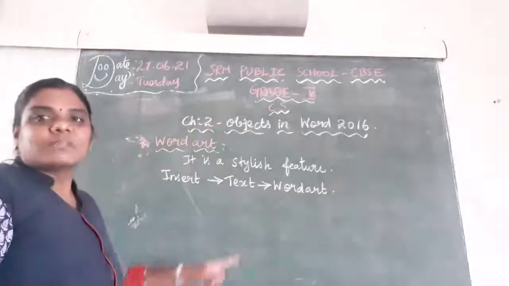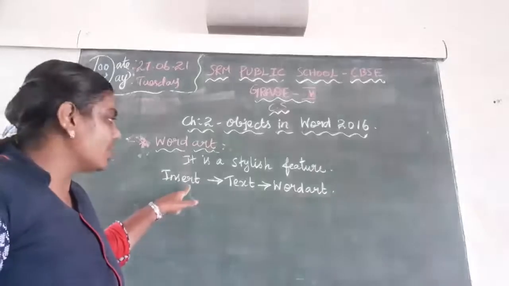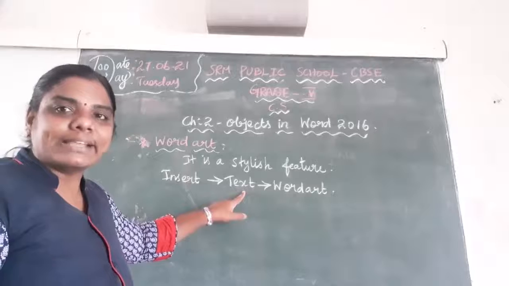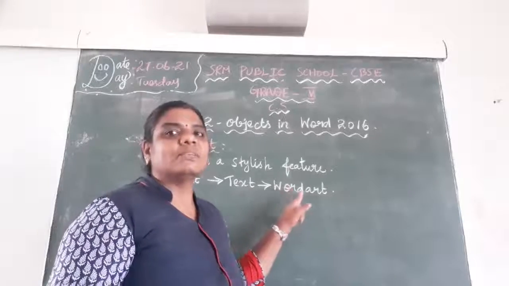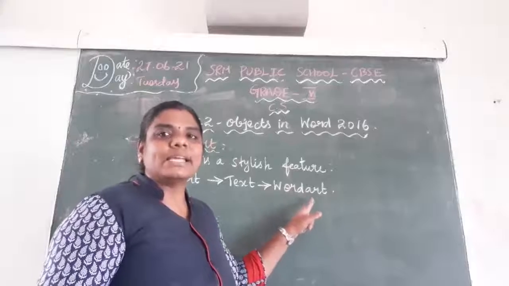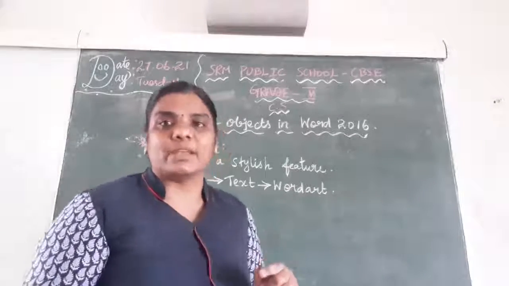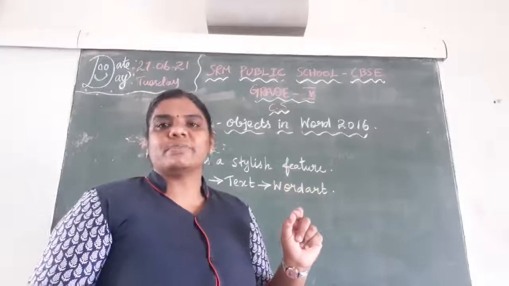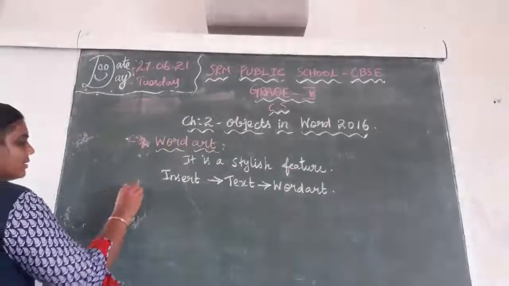So first we go to insert tab, then the text group, and in this group we click the option word art. After clicking the word art, a list of styles will appear. Whatever style we want, we can choose it. Understand?